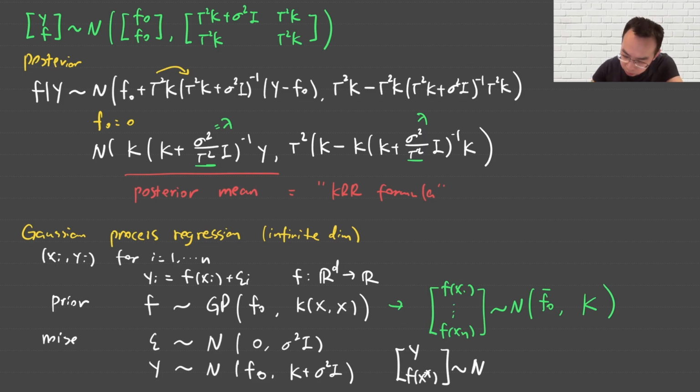It will have the mean of f0 and then f0 of x star.